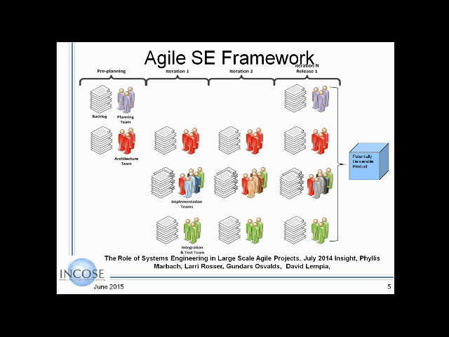We are members of a working group in the International Council on Systems Engineers, and this working group was chartered toward the end of 2012, and our first brainstorming session on what we thought needed to be defined occurred in our international workshop in January of 2013. And at that workshop, my co-author Larry Rosser mentioned that she thought the need for defining how systems engineers work with large-scale software-intensive programs needed to be defined.